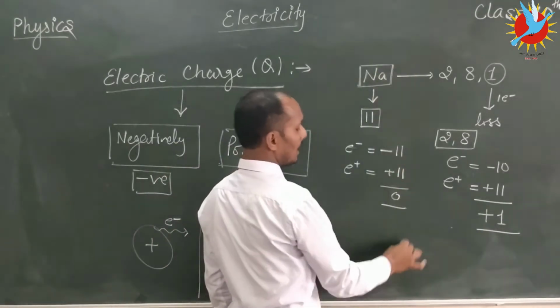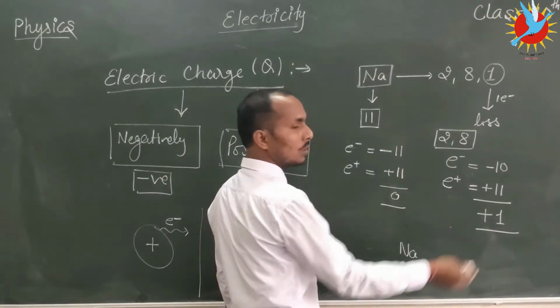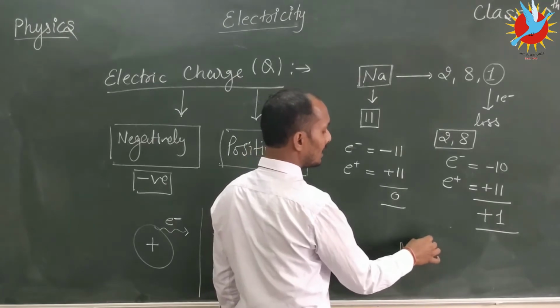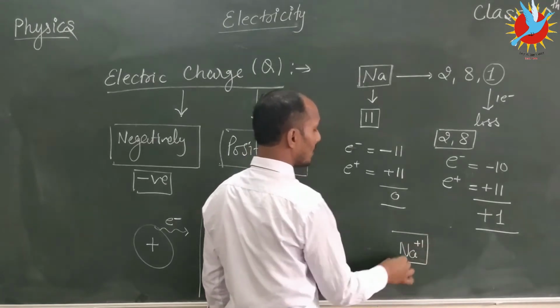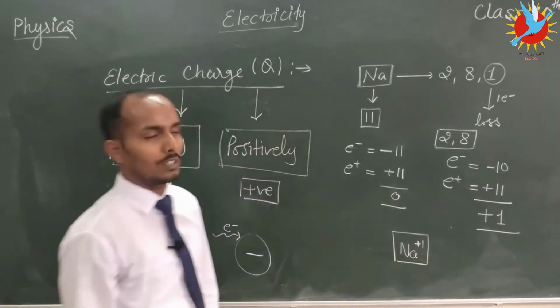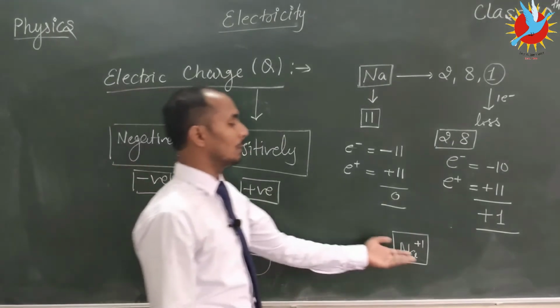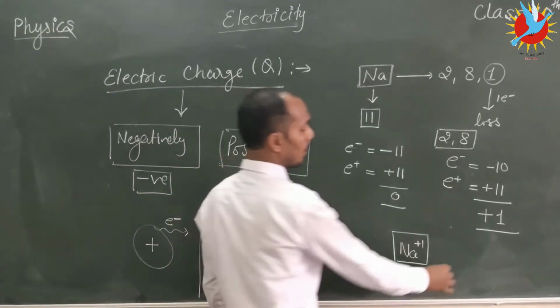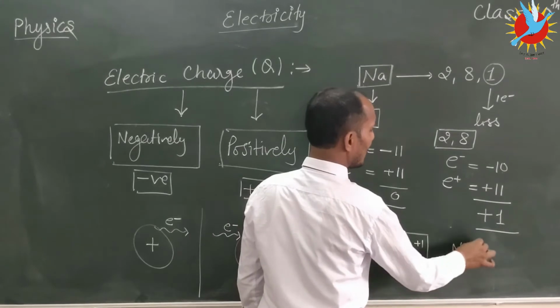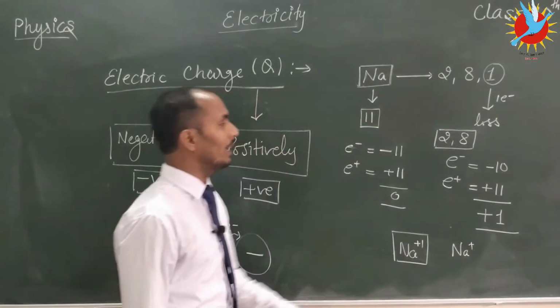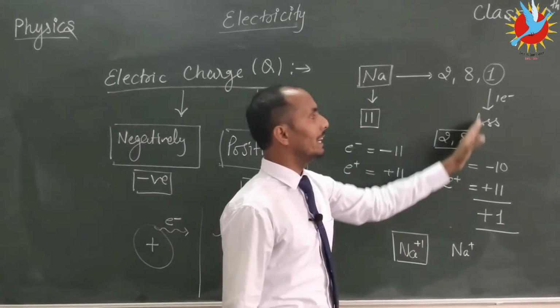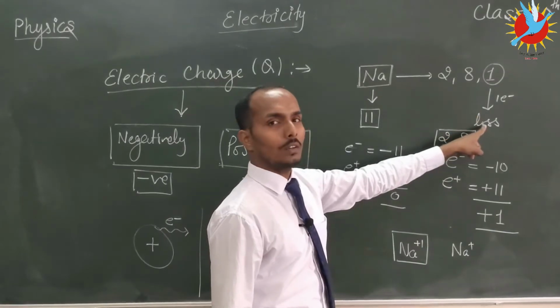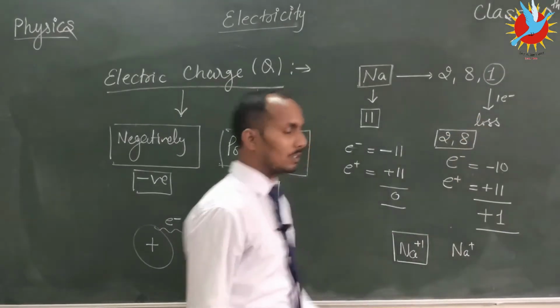It was neutral, but when it loses one electron, it becomes positively charged. You can say Na positive. In this case it loses one electron, so it acquires a positive charge.